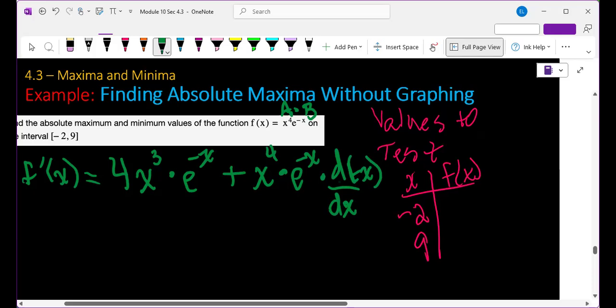So that's x to the 1st. So we bring the 1 down times that negative sign. So it's a -1 times x to the 1 minus 1 is 0. So whenever we have a linear term, the derivative of that is just whatever the coefficient is. So this guy here is just going to be -1.